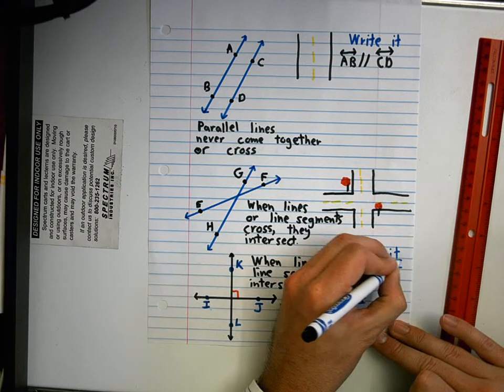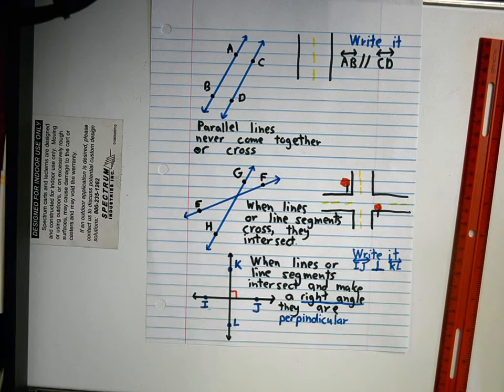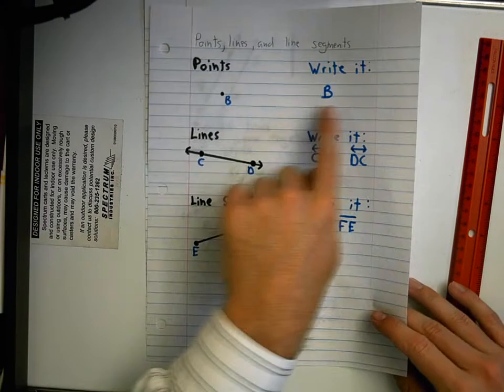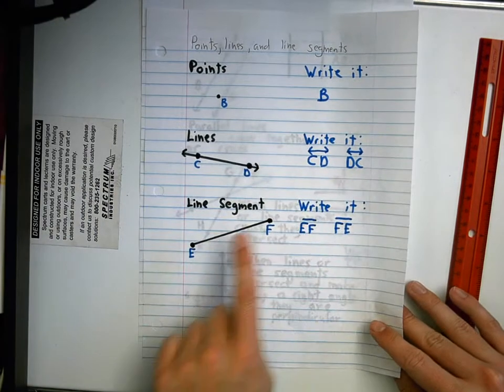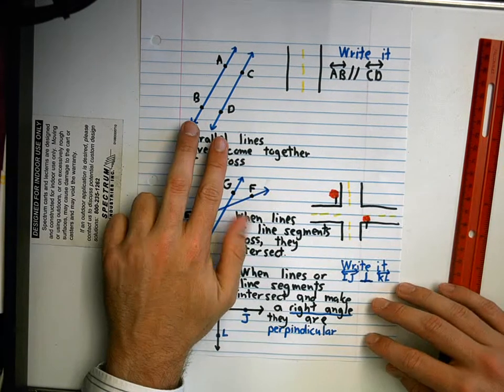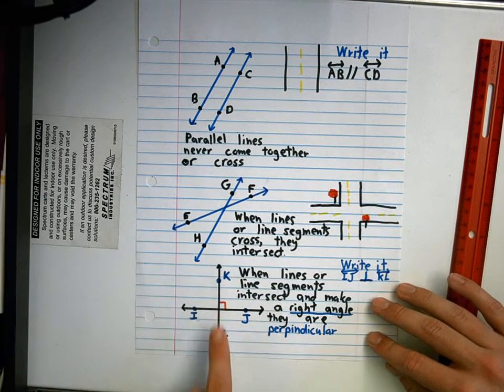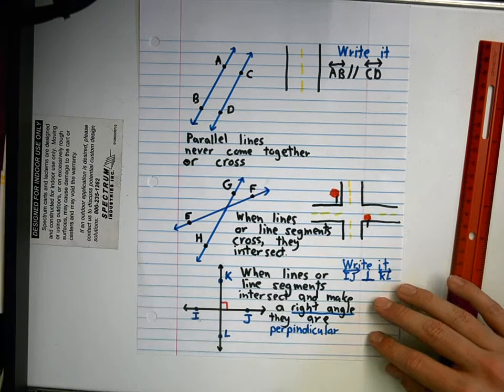Boom, boom. Okay? So, we have points and how to write them, lines, how to write them, line segments, how to write them. What happens when lines don't touch? They're parallel. When lines do cross, they intersect. And when lines cross at a 90-degree angle, they are perpendicular.